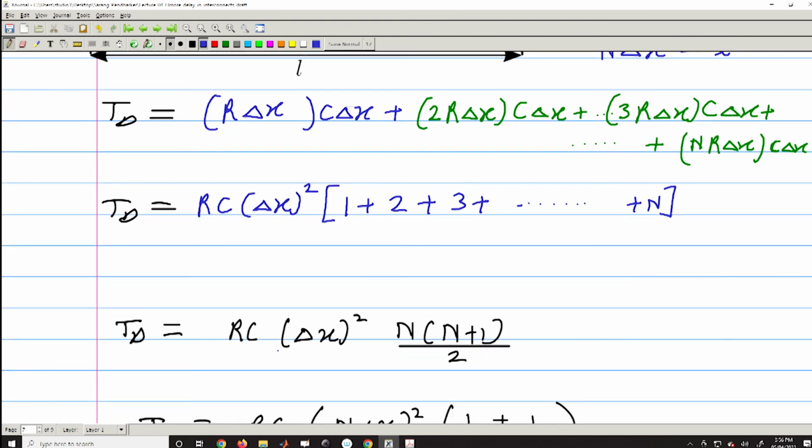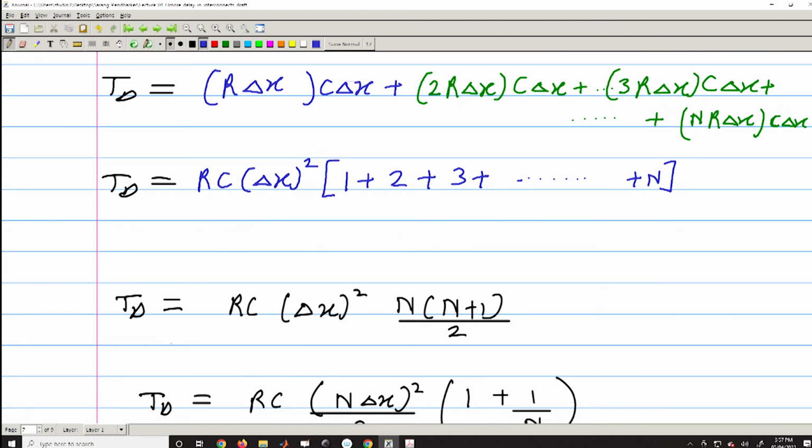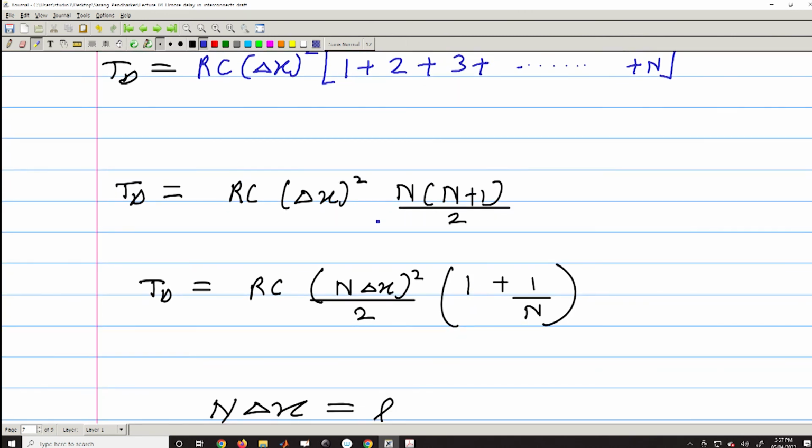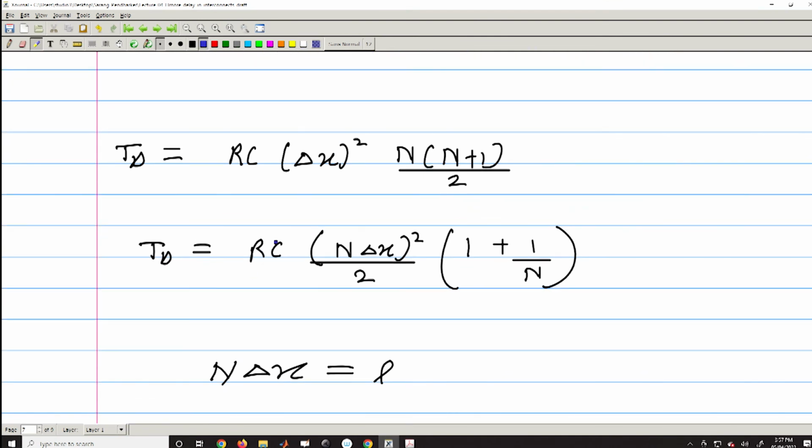I can write this as n into n plus 1 by 2. So, my T d now becomes a simple expression as R C into delta x square into n plus 1 by 2. Now, I can take this n out, and what I get is R into C into n into delta x whole square divided by 2.